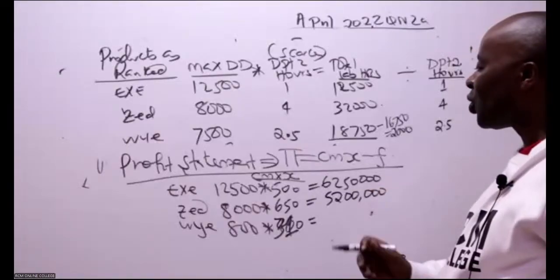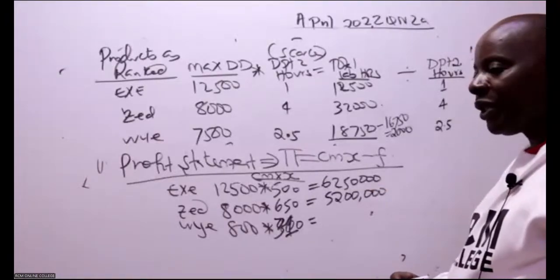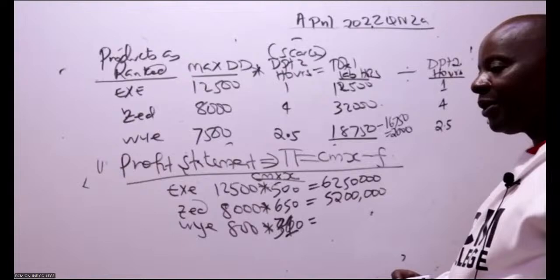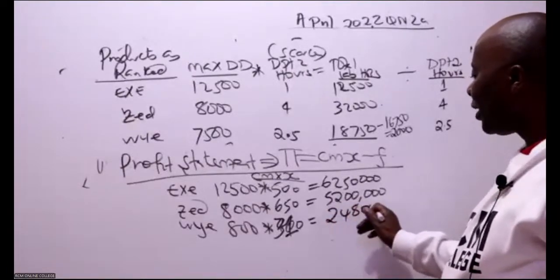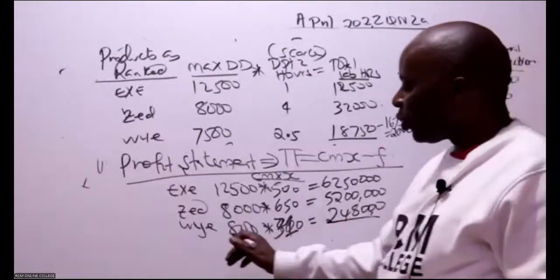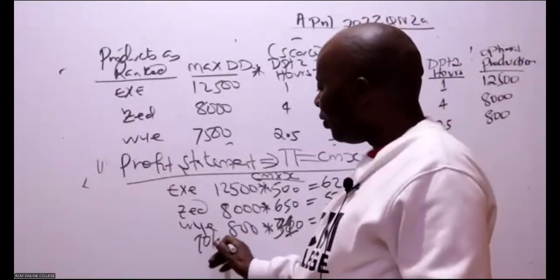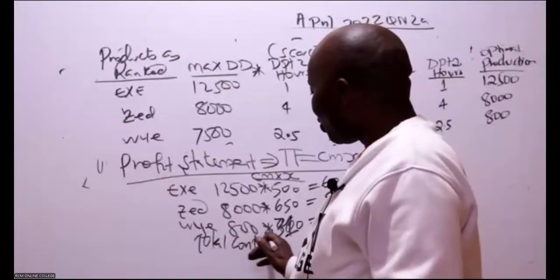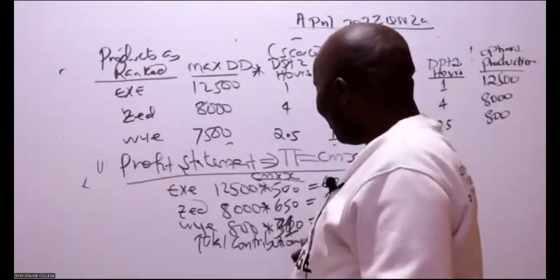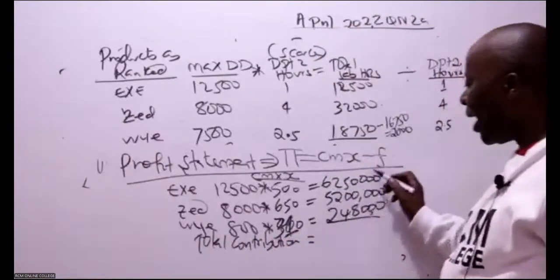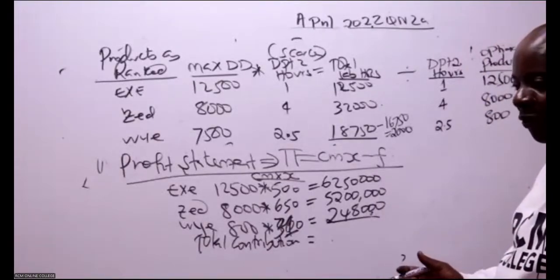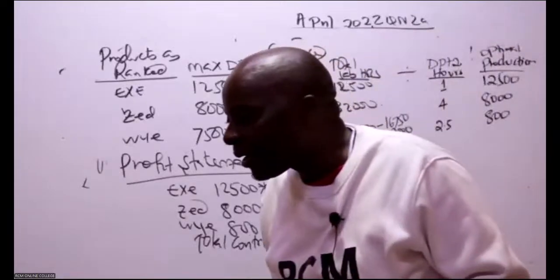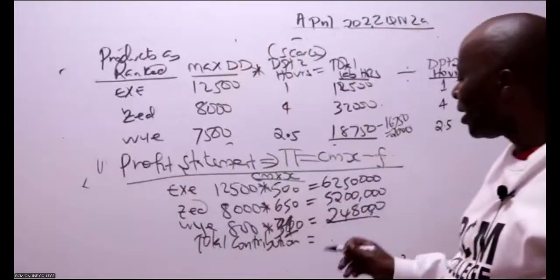Thank you very much. And then we have 800 times 310, giving us 248,000. So are you able to give me the total contribution? You add the 3, because all the products will be contributing to our profitability. So we have here 11,698,000.